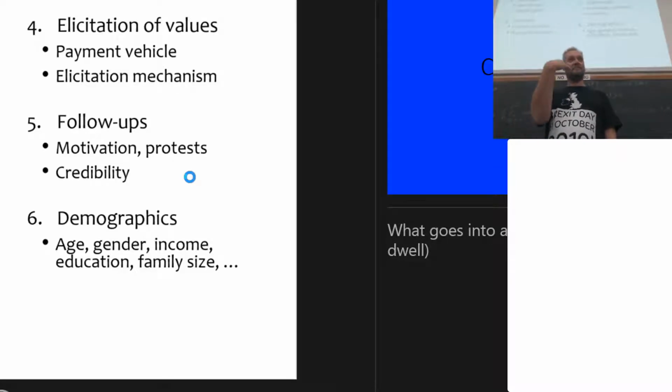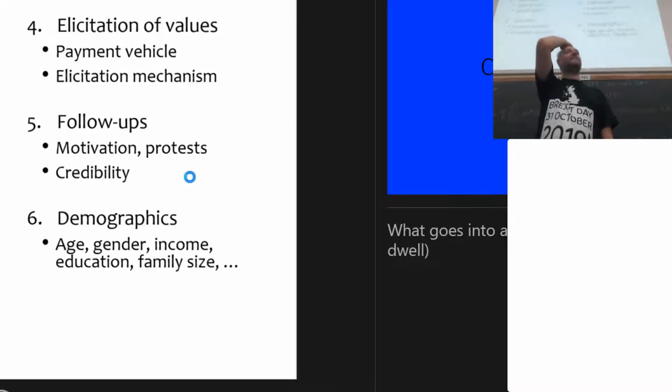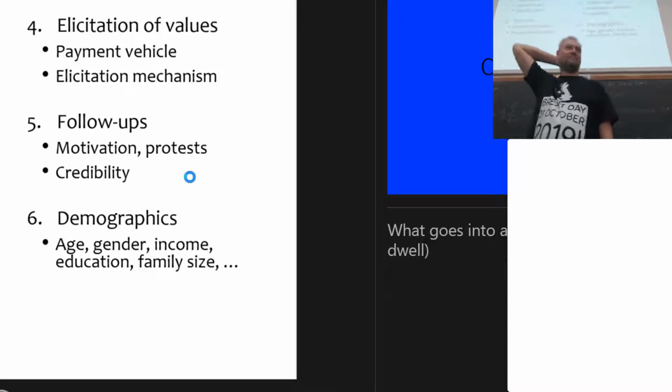So if your intervention is, we're going to charge for parking on Ditchling Beacon, if somebody thinks mistakenly that you already have to pay for parking at Ditchling Beacon, they would give a different answer than if that is not the case.